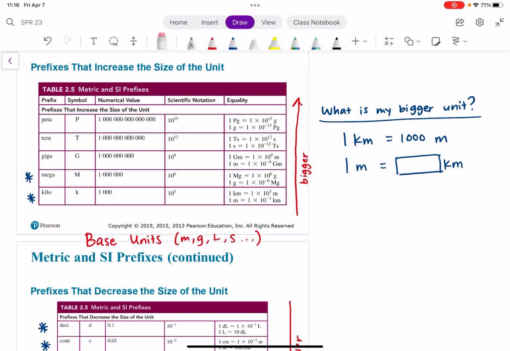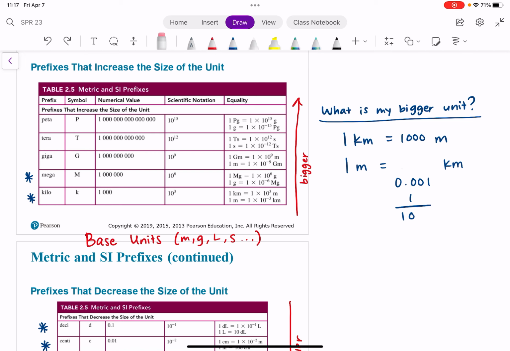Yeah, so the way you could have written that is you could have said 1 times 10 to the negative 3. You could have also written that as 0.001, right? That's the same number. Or you could even write it as 1 over 1,000. These are all ways of representing the same number.